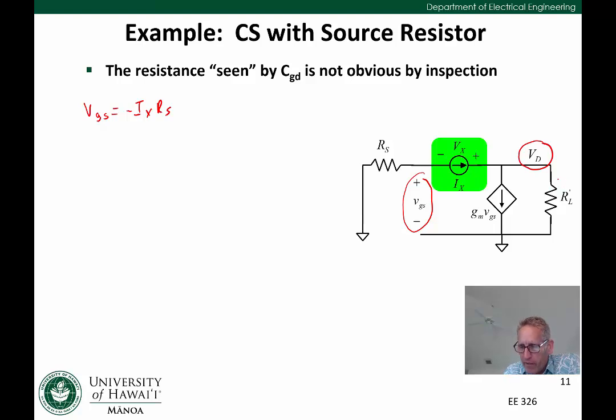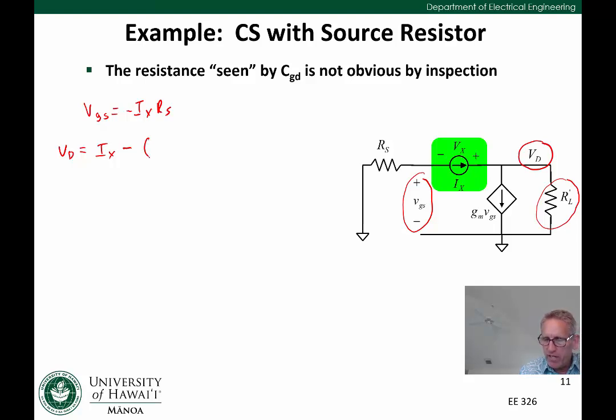Well, if we could determine the current flowing through RL prime, we could determine the voltage across it. So if we take the difference between these two currents, using KCL, we can get the current flowing through RL prime. So I could write that VD is equal to Ix minus the current flowing through the voltage controlled current source. Now what is that current?